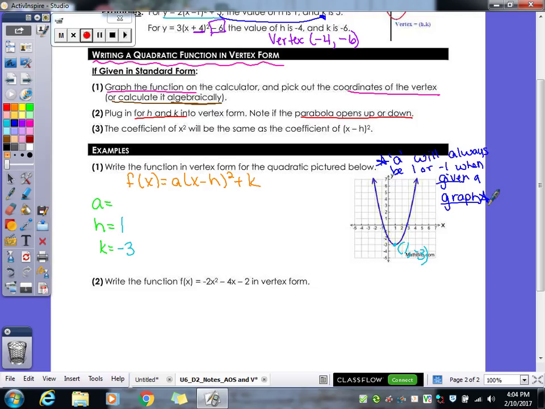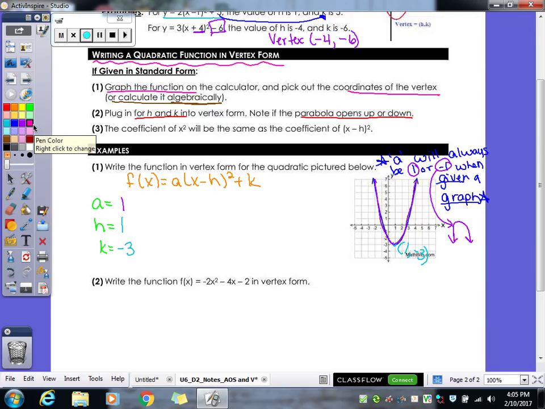But as I said, for Algebra 1, if you're given a graph, it's either 1 or negative 1. Now the way we tell which one it is is based on which way our parabola is opening. Now this one, both our ends are going up, so our parabola is opening up. So this one is a positive 1. If our parabola were opening down, kind of like this, that would be a negative 1.